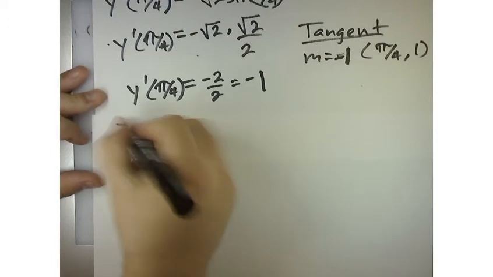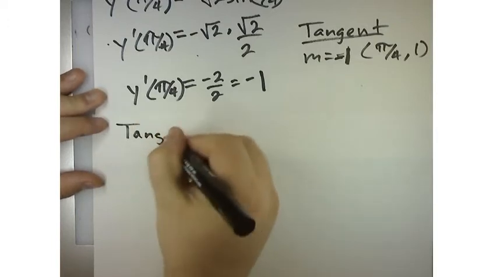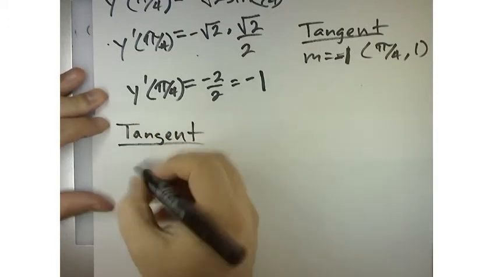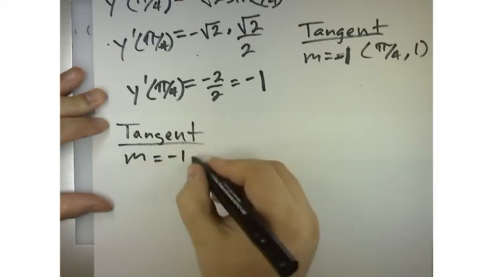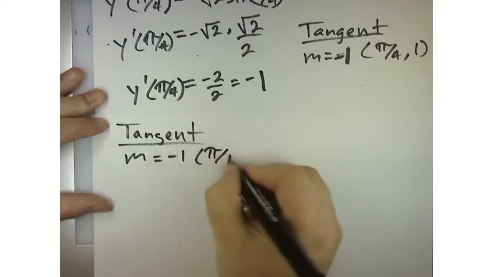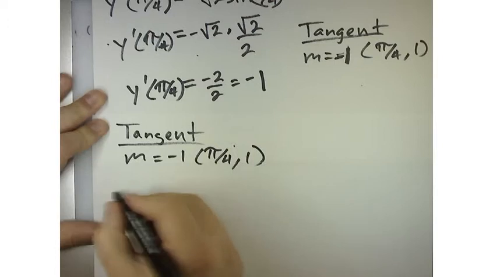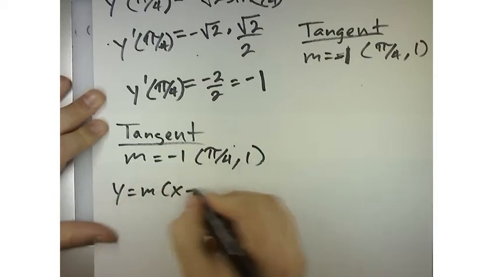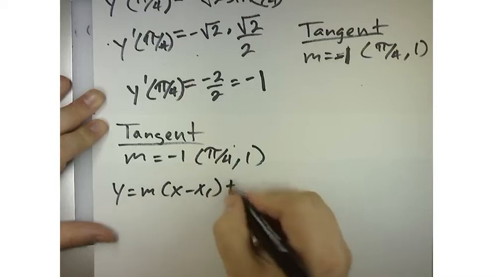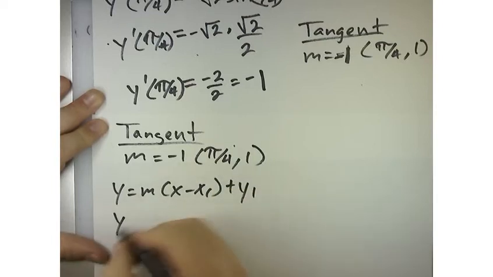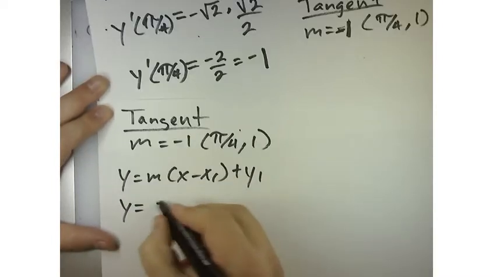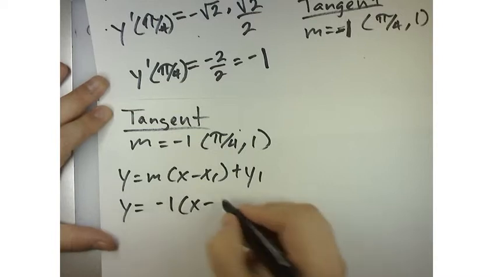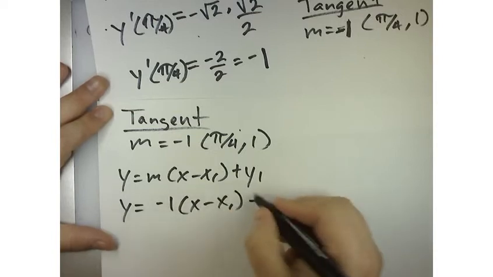So now we're going to write the tangent line. We'll talk more about that in a second. Let me finish this example before the bell rings. So my slope is equal to negative 1. I'm interested in the point pi over 4 comma 1. And so I'm going to say y is equal to m times the quantity x minus x sub 1 plus y sub 1, or y is equal to negative 1 times the quantity x minus x sub 1 plus 1.